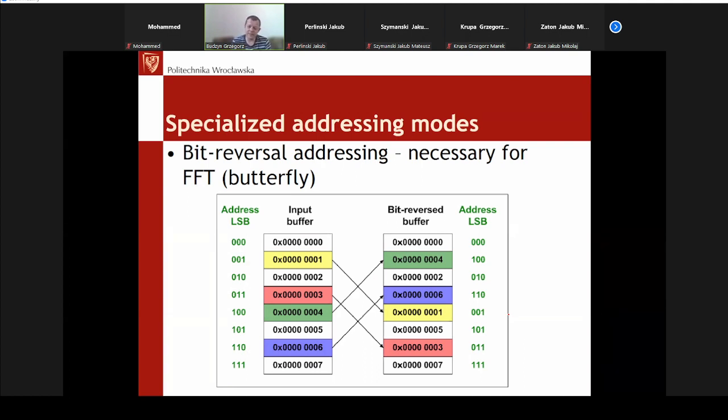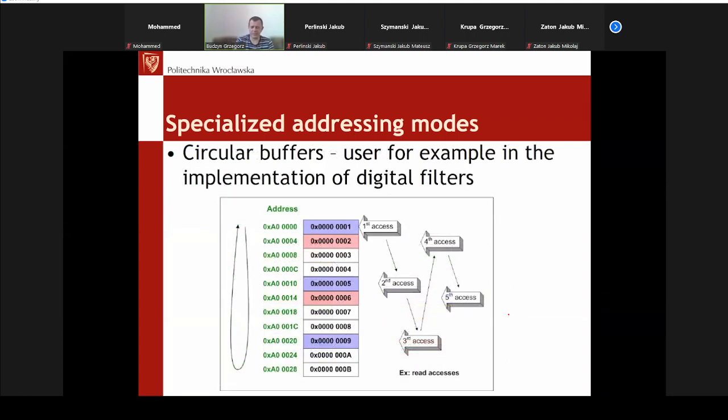In classic signal processing, a very nice addressing idea is, for example, the circular buffer, a kind of addressing where we can automatically access certain cells with a certain offset, or addressing with automatic incrementation and decrementation, post and pre. These kinds of addressing modes are not usually available in standard microcontrollers.